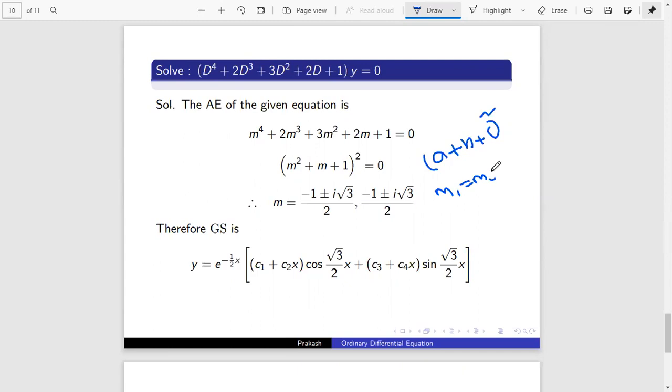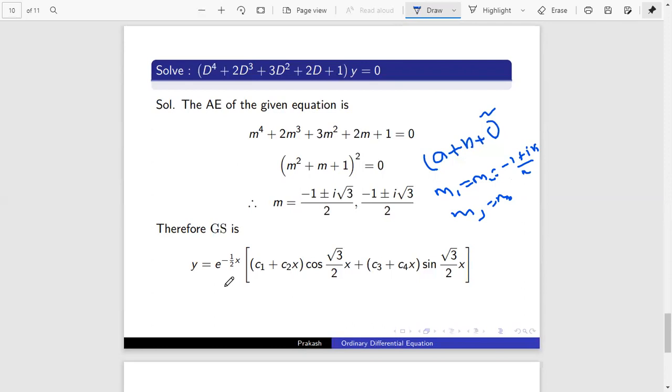M1 we can take as minus 1 plus i root 3 by 2. Similarly, m3 and m4 are another pair, where the plus sign is replaced by minus. That is another pair of equal roots. Therefore, we say that two pairs are equal.